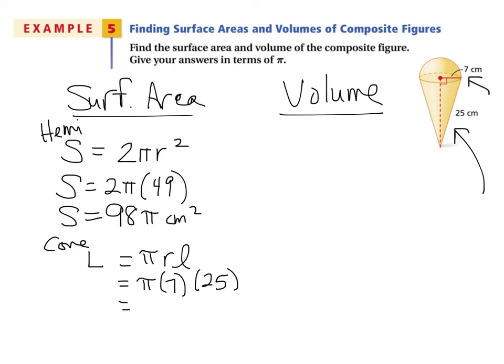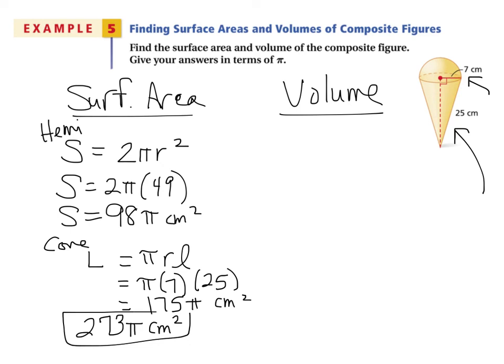And so that's going to give us 175 pi square centimeters. We add them up, and the surface area would be 273 pi square centimeters.